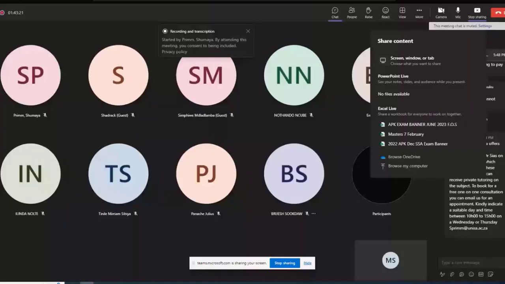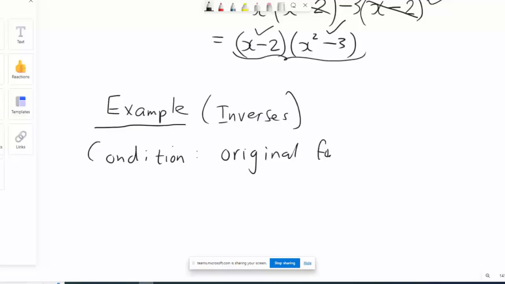Okay, let me go back. Right. Can you see the screen now? The whiteboard? Yes. Thank you. Great. Can everyone see that, guys? In particular, also the person who posed the question on inverses. Who asked this question? I did. So can you see the screen here?